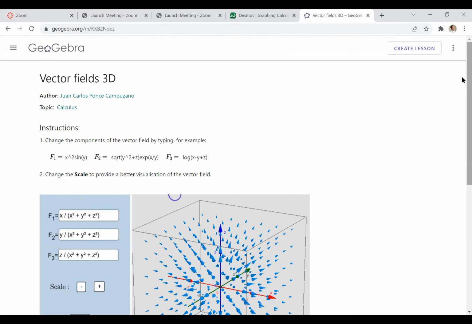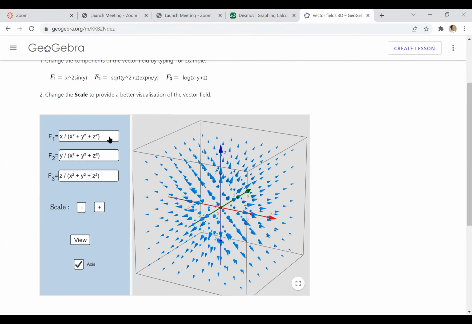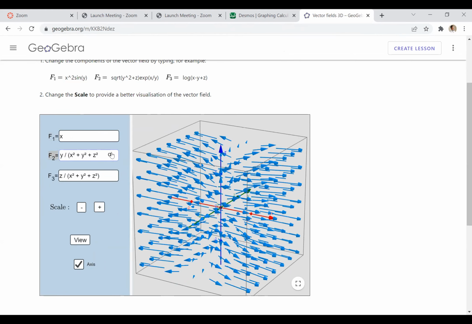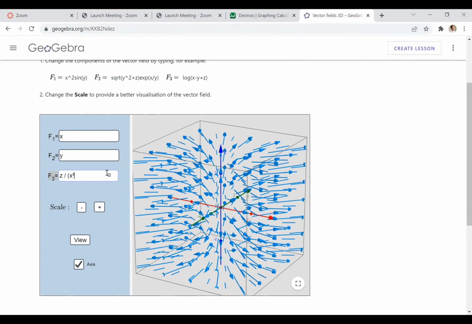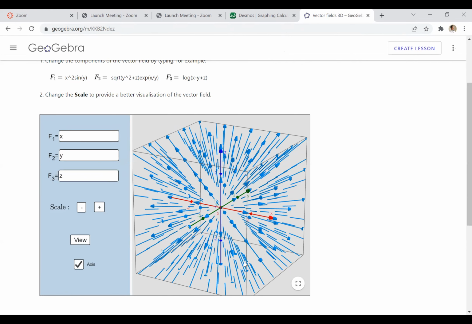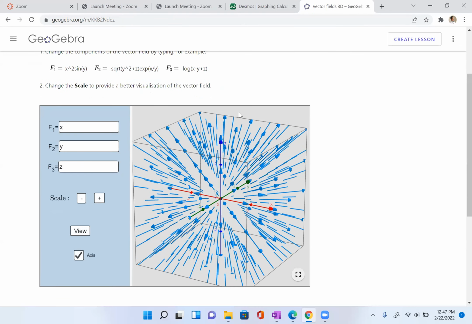It's the same author. X, Y, Z. Okay. Look at this.